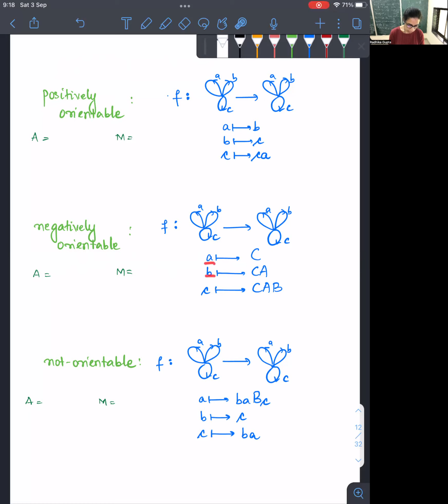Here, every edge is only seeing edges in the reverse orientation. So this is a negatively orientable graph map. And in the last example, A maps to B inverse C. So it's seeing both B and its inverse. So this map is not orientable. No matter what orientation I choose for these edges, I will always see B with both the orientations in the image of A. So the last map is not orientable.